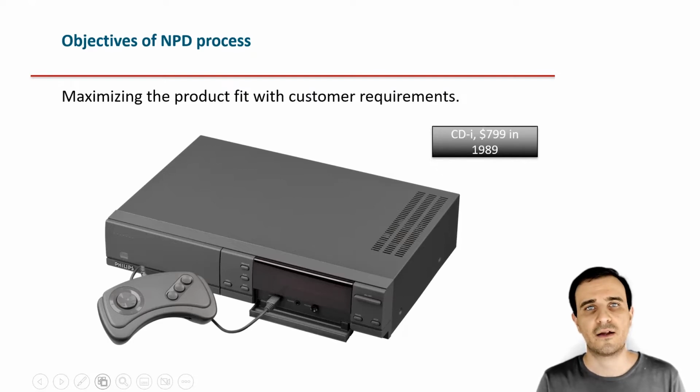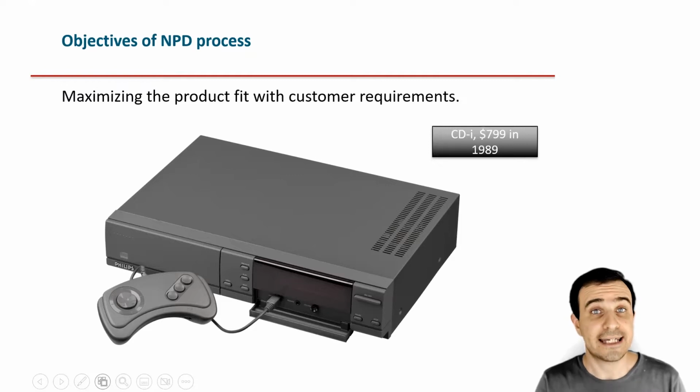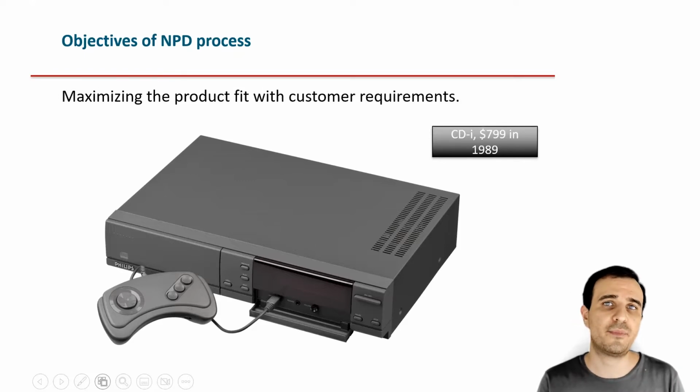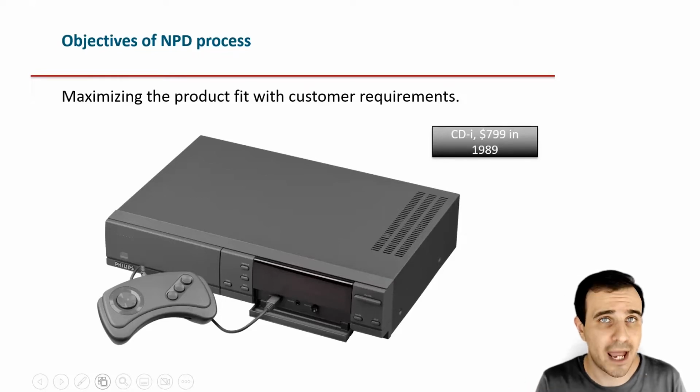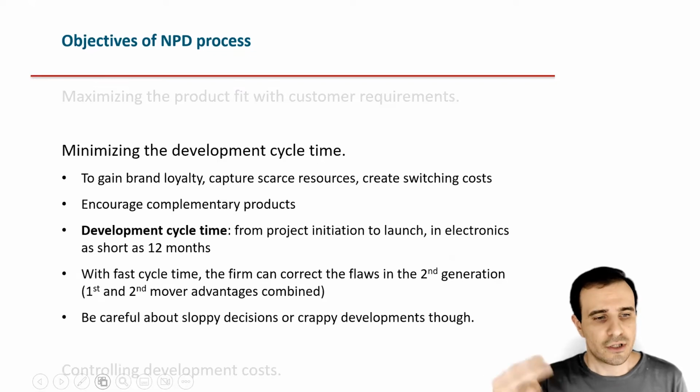As you can see, it had superior features compared to similar equivalent products by Philips' competitors, but also a superior price, $800 in 1989, which was definitely a very high price tag. So this is an example of excessive attributes in the product that customers didn't really demand, consequently conflicting with the right product positioning, which was basically the product positioning of competitors. Let's now turn to the second one.